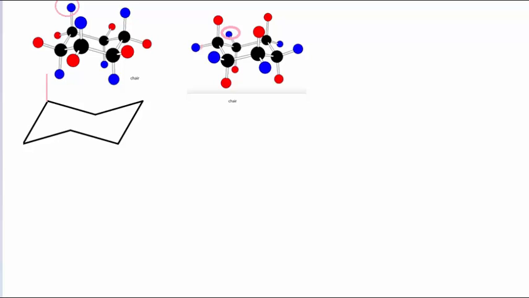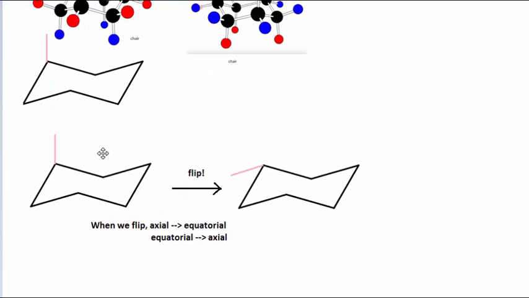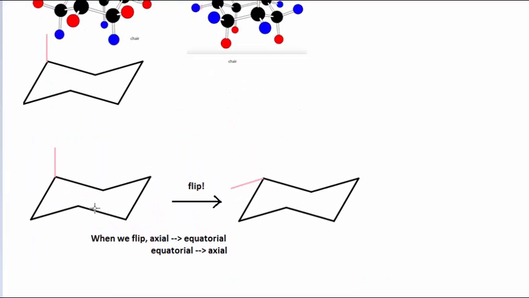It goes through that half chair, twist boat, boat, twist boat, half chair, all the way back. And it turns out that the chairs are the lowest points of energy. Everything in between is higher in energy.